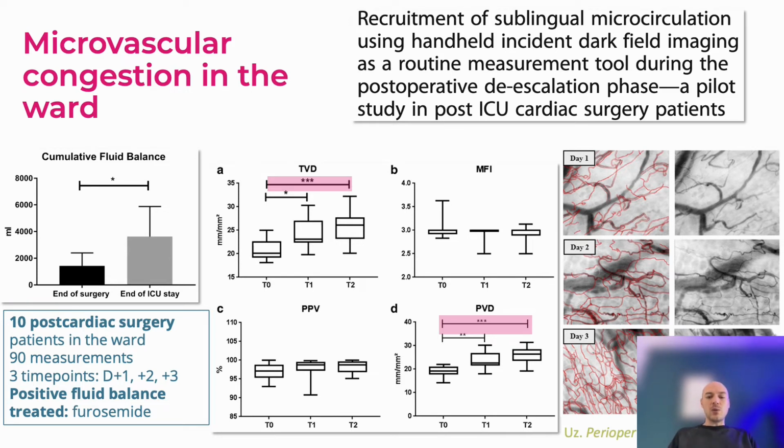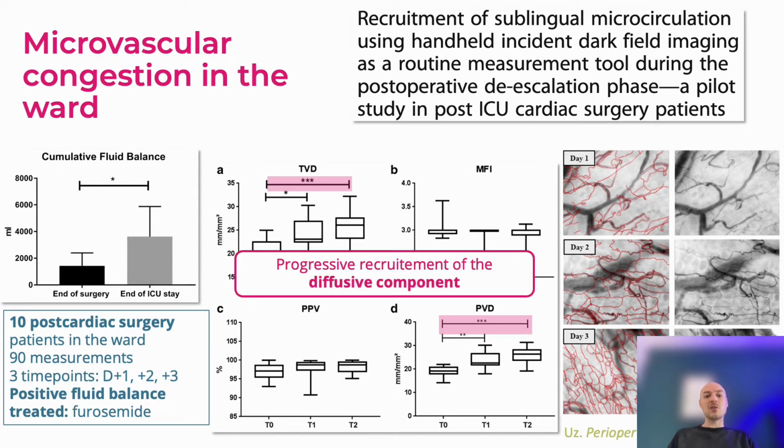On the first day in the ward, patients exhibited lower TVD and PVD. However, microcirculation was gradually recruited with a parallel increase in PVD and TVD with the use of loop diuretics. So it means that the diffusive component was recruited, but it also means that venous congestion can manifest in different ways in the microcirculation, highlighting a certain temporality of events.